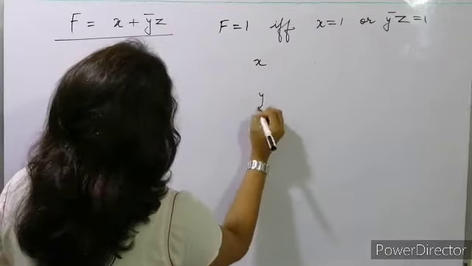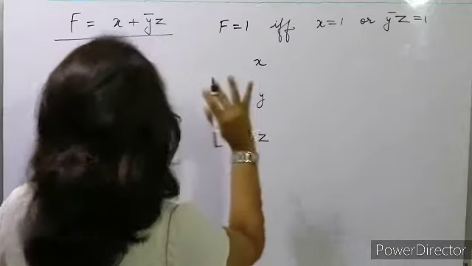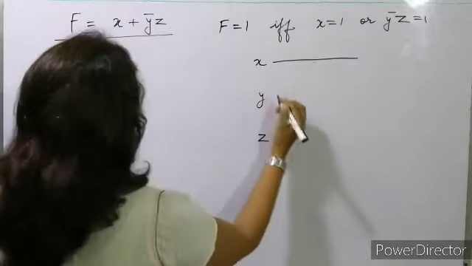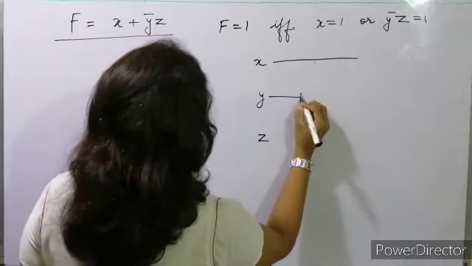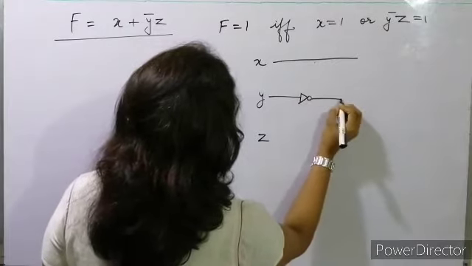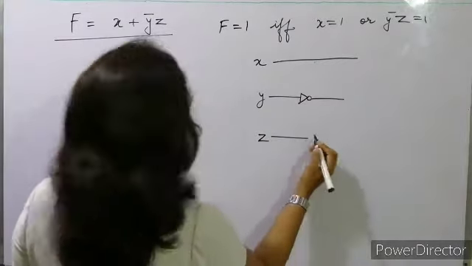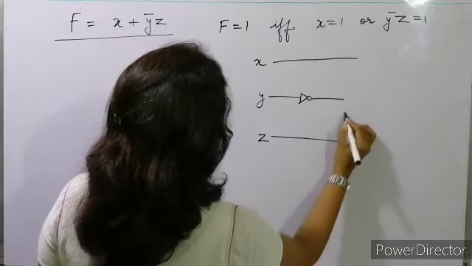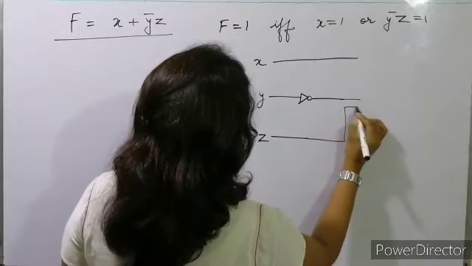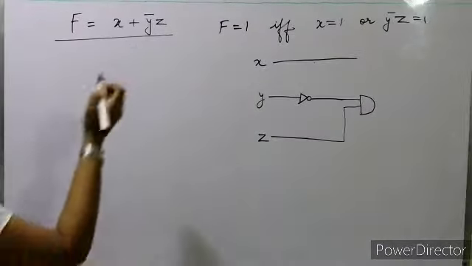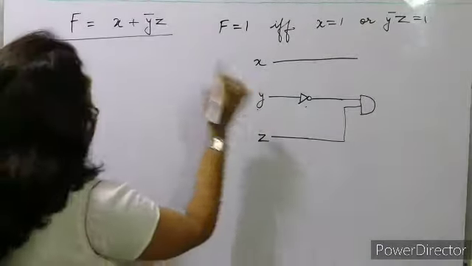X, y, z, three things are there, okay. X यहाँ पे है and y bar, so y bar, not y हमने लिया, and z, ठीक है. तो z into not y, y bar and z का and operator you know. So since y bar is there, so हमने y का not लिया.